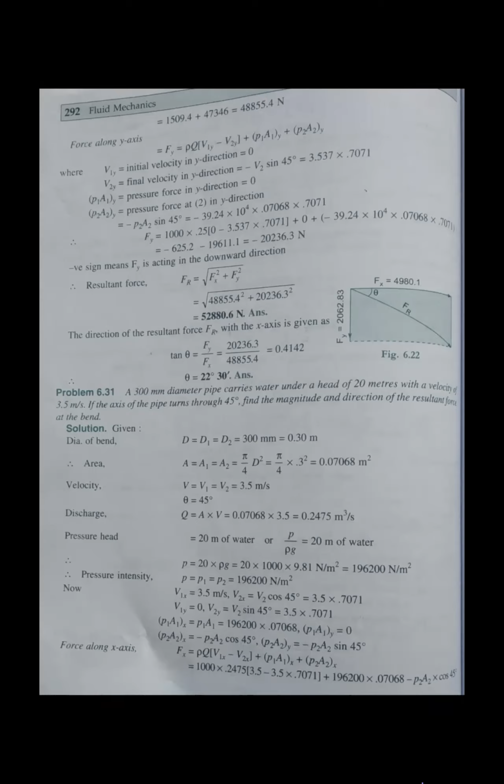By writing that fundamental equation, you can establish the generalized equations and solve the numericals, find the force values in the x and y directions, and then of course the resultant force, and then the direction of the resultant force.